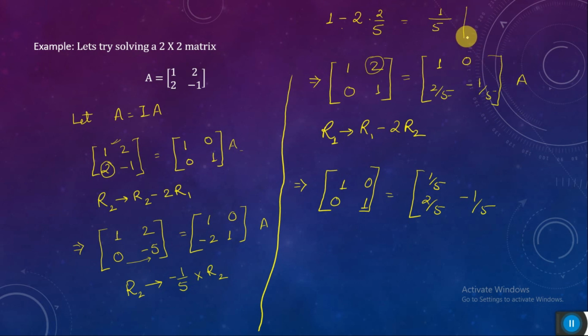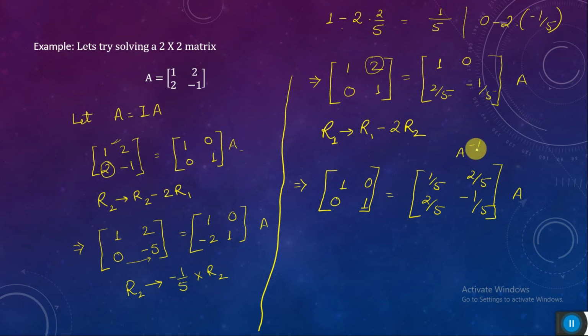And in this one, row 1 is 0 minus 2 times row 2, which is minus 1 by 5, which will give me 2 by 5. So you can say now you are getting I.